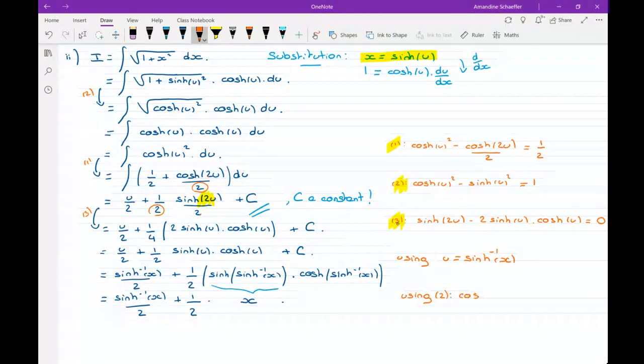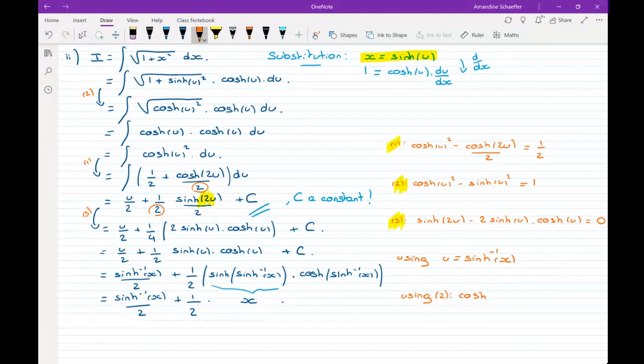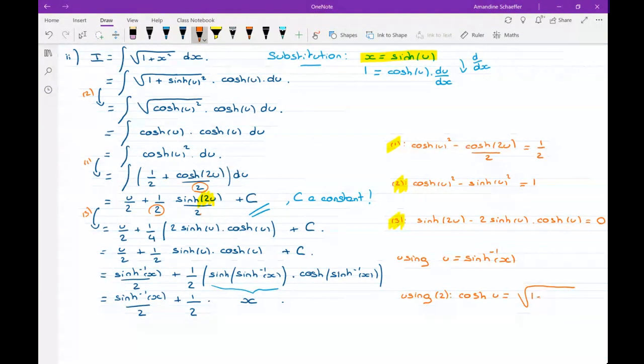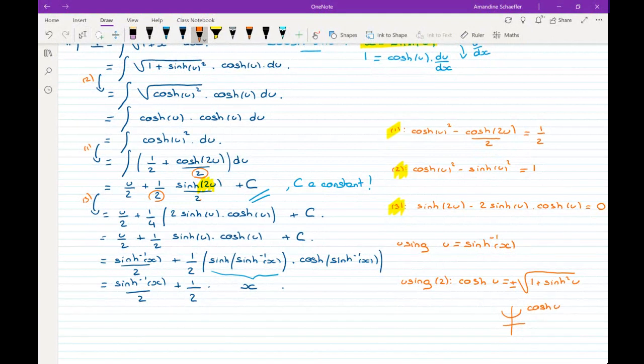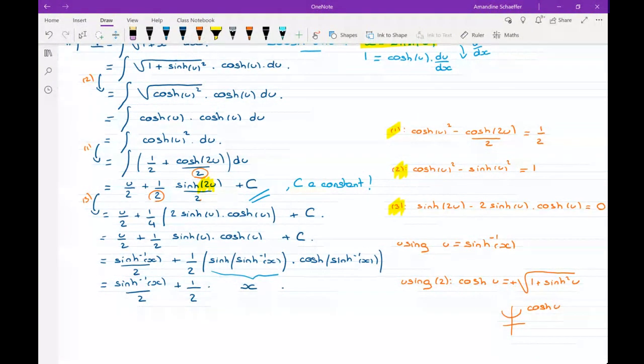So cosh of, let's say, u equals square root of 1 plus sine square of u. Okay, so this could be plus or minus, and you need to think about it, and you know the cosh u looks like that, which means that cosh u is always positive, so it's plus.